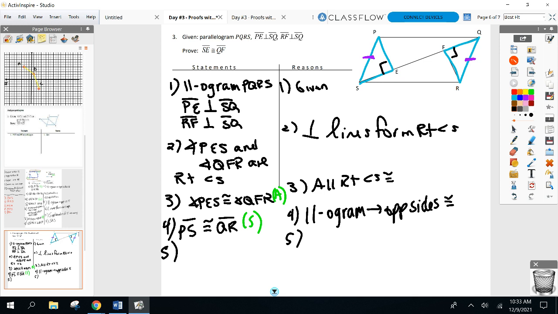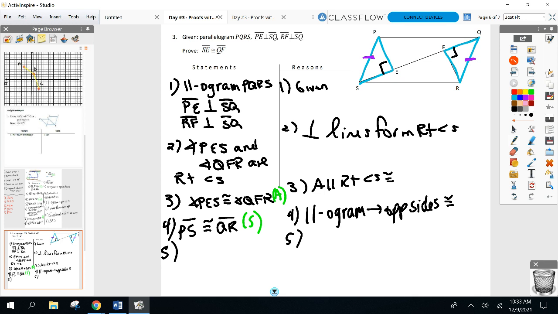What's just the simple word SQ is? That's a diagonal. If you have a parallelogram with one diagonal, look for alternate interior angles. Look for alternate interior angles if you have a parallelogram with a diagonal.